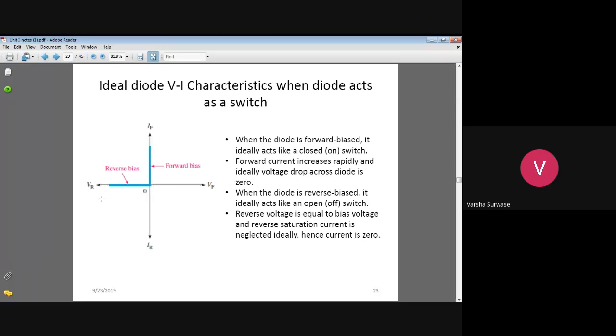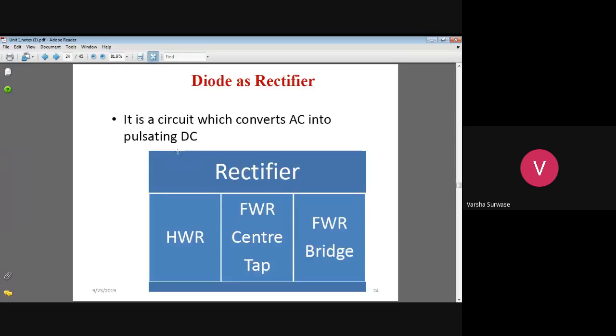But here we are considering an ideal diode, so from 0 volt only it will go into the forward bias. So these are the characteristics for the ideal diode. But normally the diode goes into the forward bias after 0.7 volt. We have seen those characteristics in the last lecture.